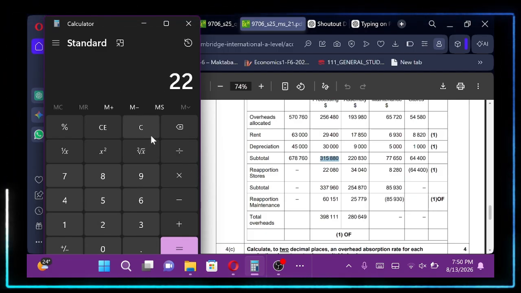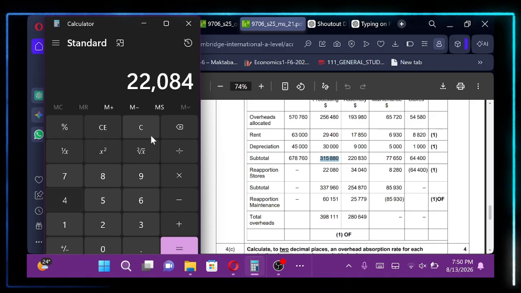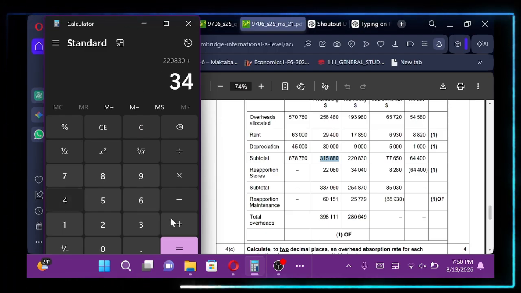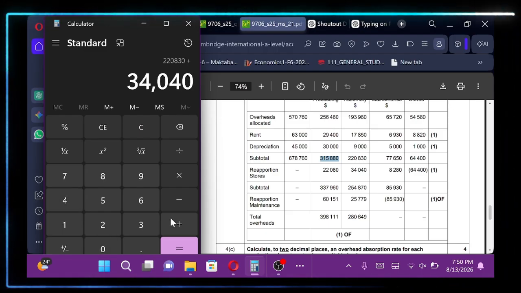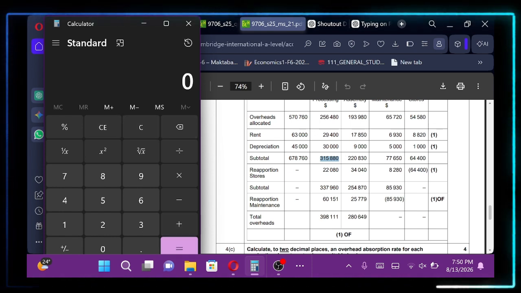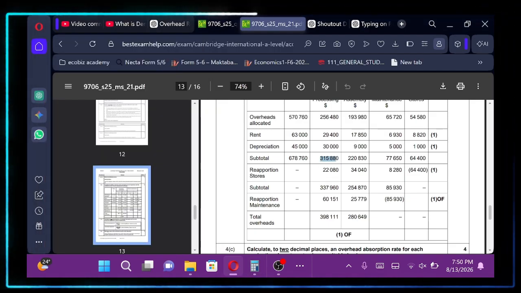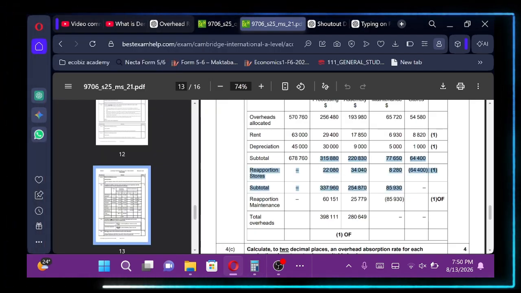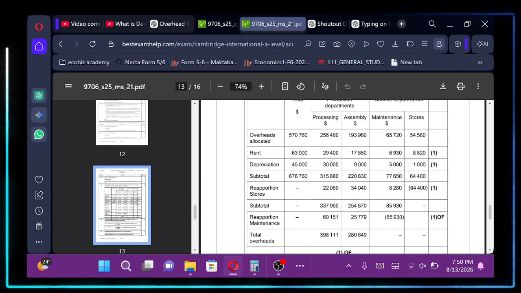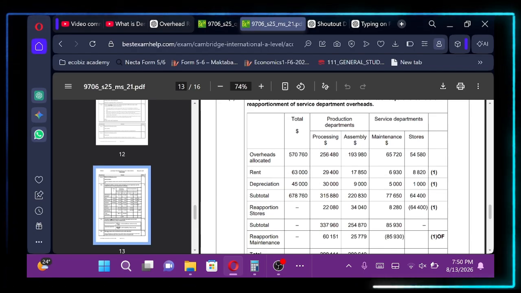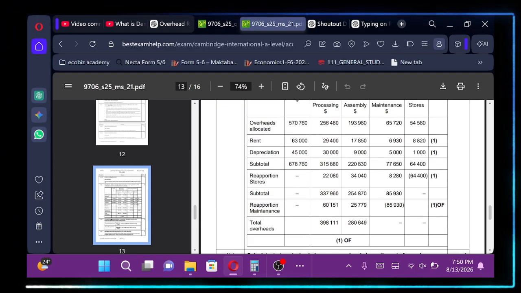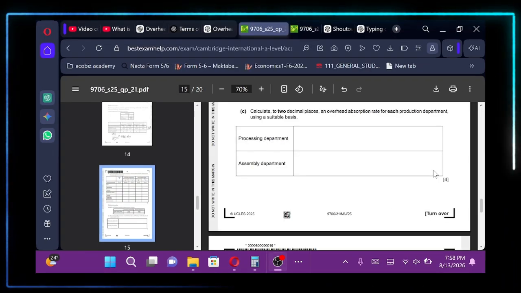Then we get 220,830, plus it with 34,040, and so on. So that's how we're going to solve it. We just keep adding for these ones, and we'll get the subtotal. I'm not going to do all of them because it's quite time consuming and mentally exhausting. But anyway, for reabsorption maintenance, we follow a similar step.